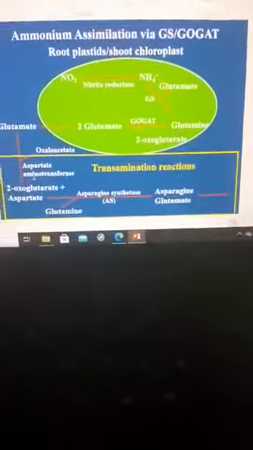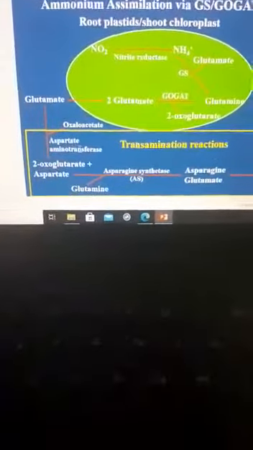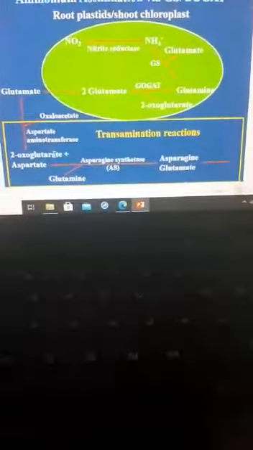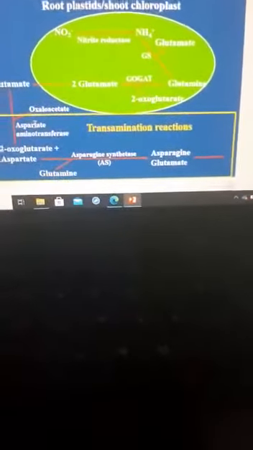The process keeps on repeating, and the plant will end up forming so many different types of amino acids with the use of the nitrogen that it has absorbed from the soil. And these different amino acids, a plant can then link together to form proteins.